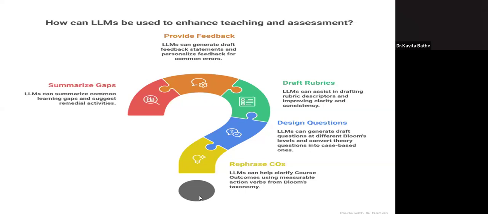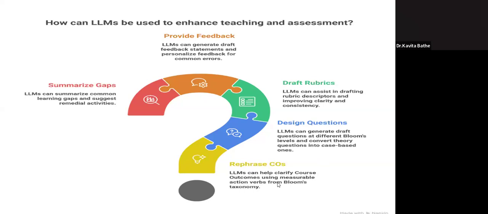Okay, so considering the first one, we as a teacher have to design the course outcomes, right? Objectives and outcomes. So let's say as a teacher, now I'm taking the subject for the first time, and then designing the course objectives and outcomes. How can the LLM help me? The LLM can help to clarify the course outcome using the measurable action verbs according to Bloom's taxonomy.